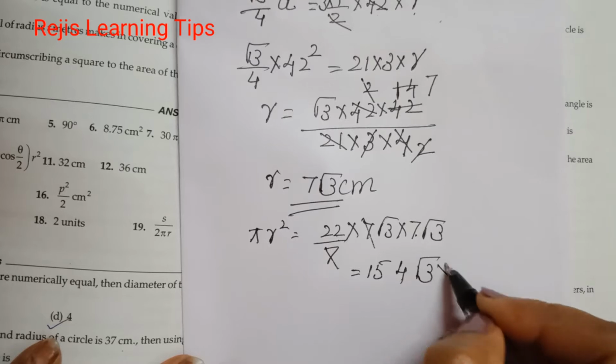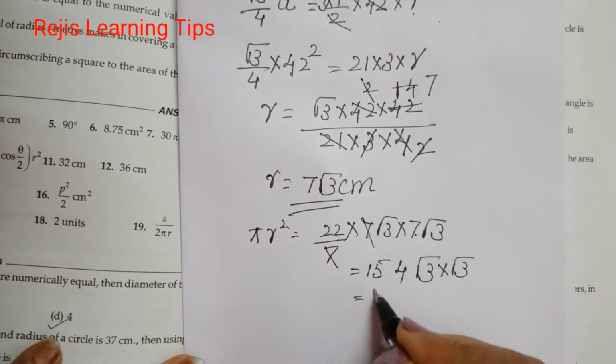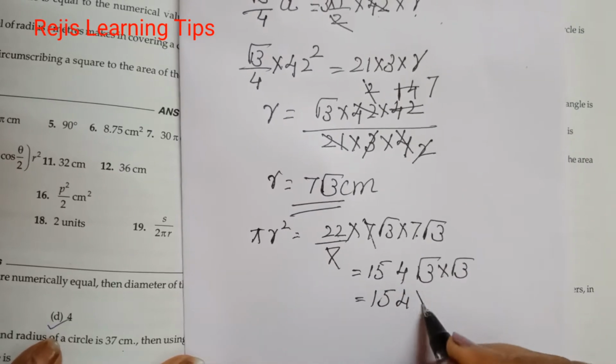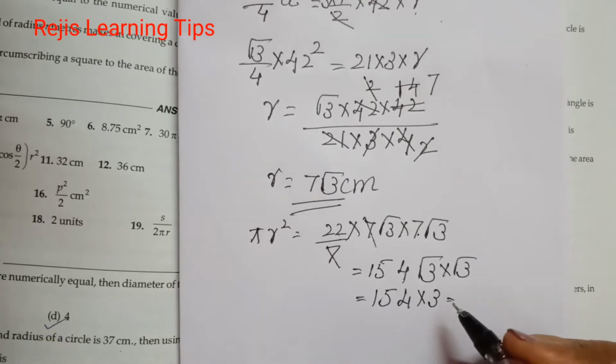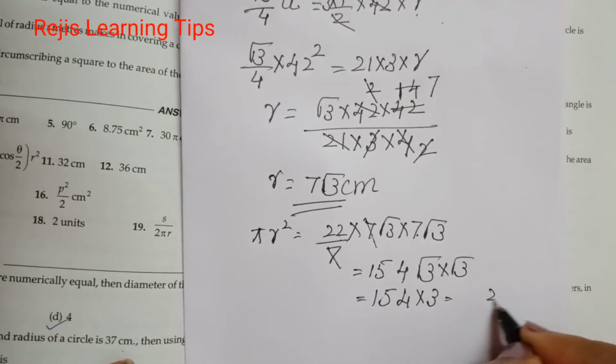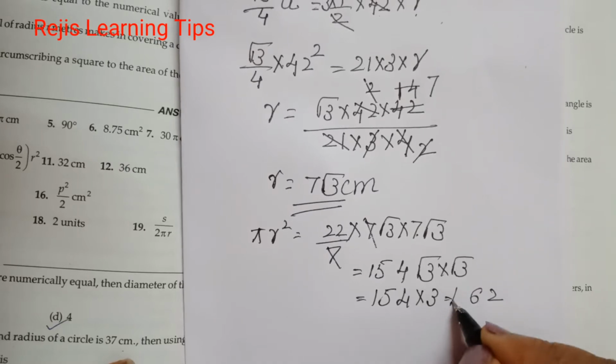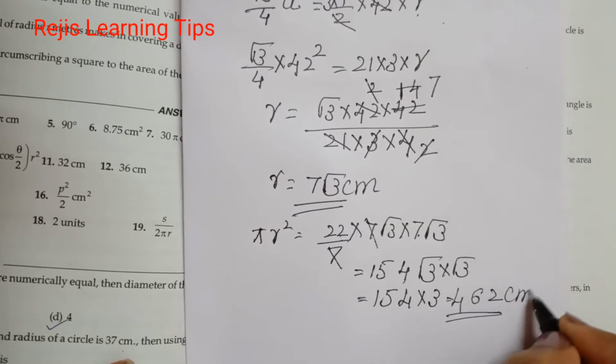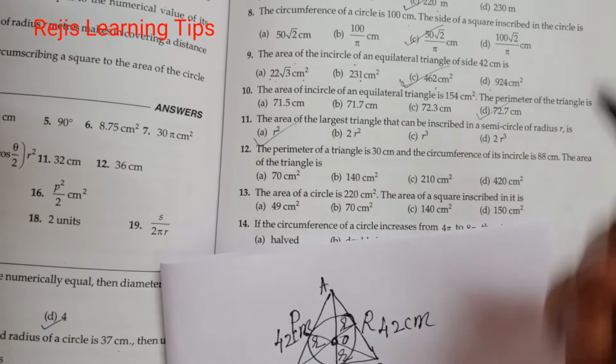Then root 3 into root 3 means 3. So 154 into 3, that is equal to 462 centimeter square. Okay, so our option C.